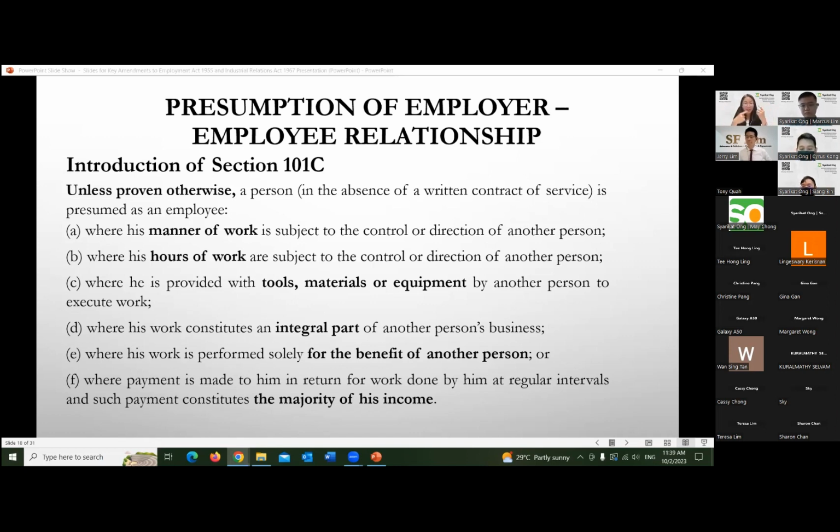Right? So over here, item number B, they actually talk about hours of work. Okay, item number F, they talk about the remuneration that you receive from the person. So meaning to say, ladies and gentlemen, if today, we as an employer don't want to deal with this Employment Act, we decide to just do a contract for service.